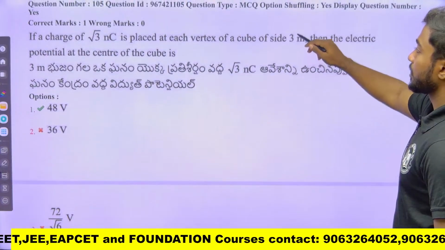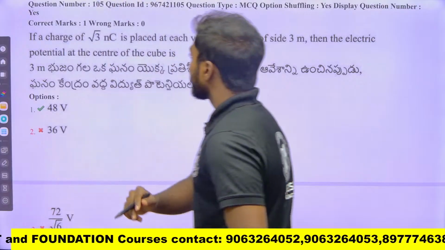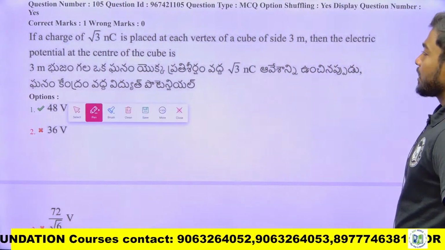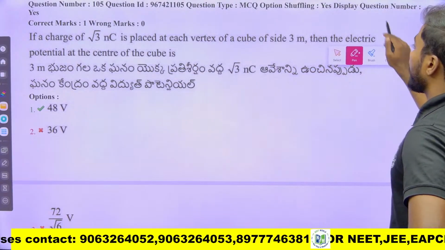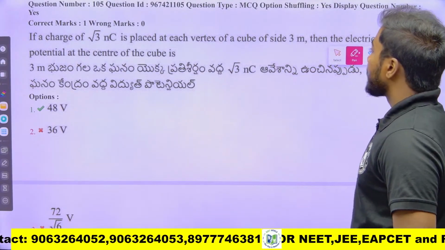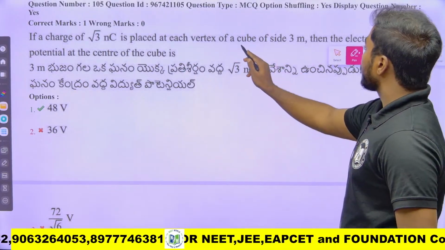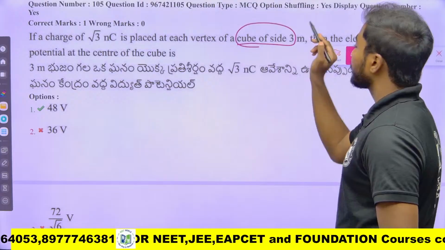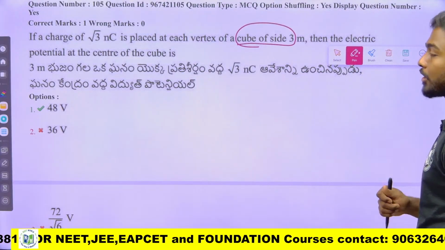Question number 105. Let us read the question. If a charge of root 3 nanocoulomb is placed at each vertex of a cube, which is of side 3 meter, then what is the electric potential at the center of the cube?